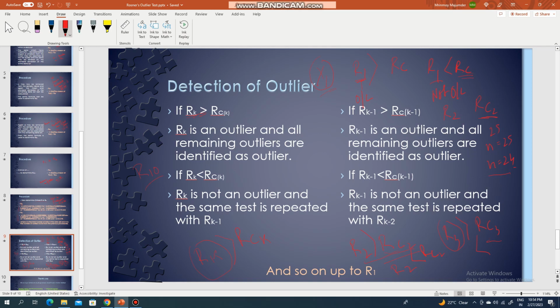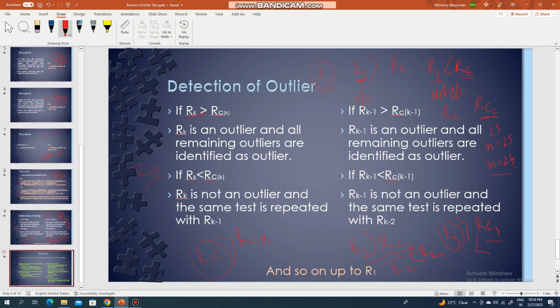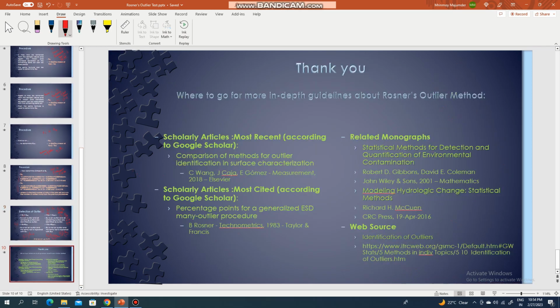So that is the gist of the method, and these are some sources that you can use. Most cited is "Percentage Points for a Generalized ESD Many-Outlier Procedure", proposed by Rosner in the journal Technometrics, published in 1983. It is the most cited paper on Rosner's outlier detection method. There may be more recent papers on Rosner's test; this one is the most recent I found when searching.